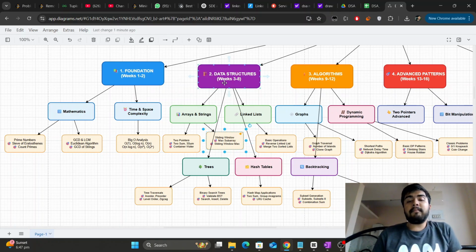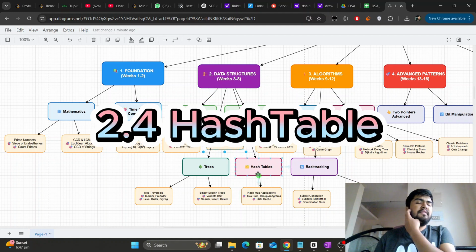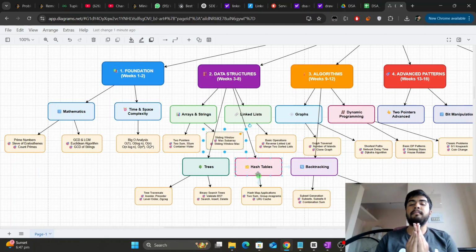Then on the same data structures, we have 2 more pillars, trees and hash tables. On hash tables, I don't have much to focus on, but a hash table is kind of a dictionary, or in your programming language it can be a hash map, whatever it is. We generally use this in daily life also.